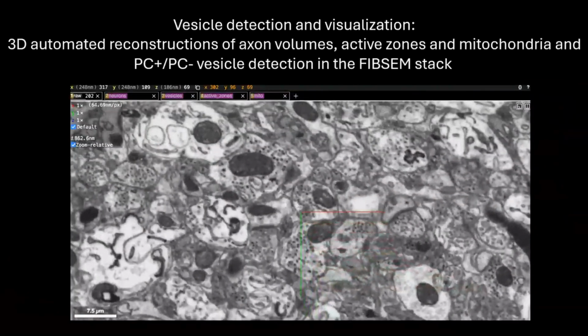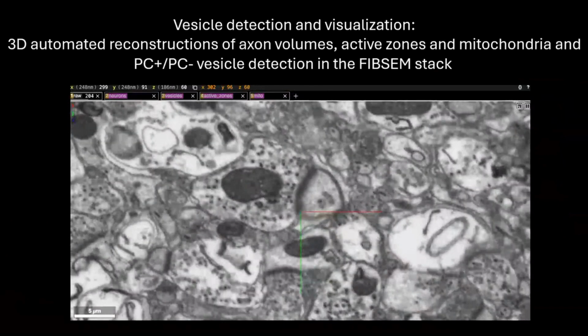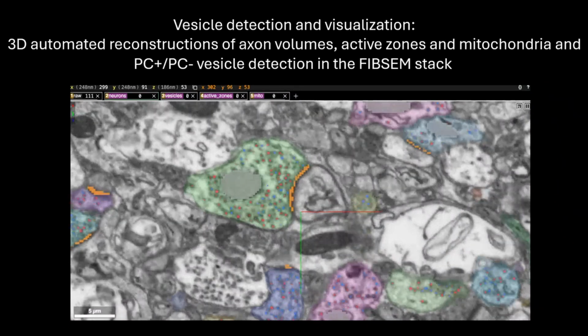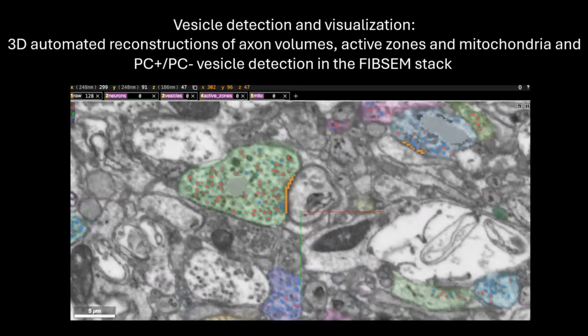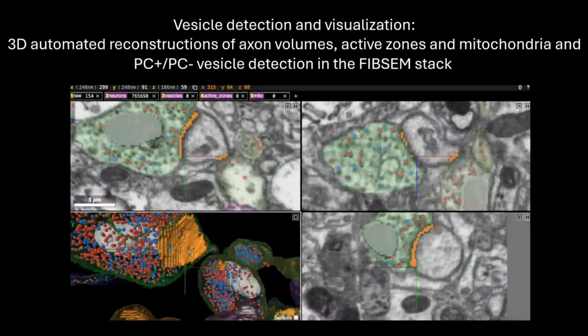For rigorous vesicle detection and visualization, we reconstructed axon volumes, active zones, and mitochondria, and we predicted vesicles for the vesicle detection with the help of Jan Funke and Arlo Sheridan from the Janelia Research Campus using their algorithm.